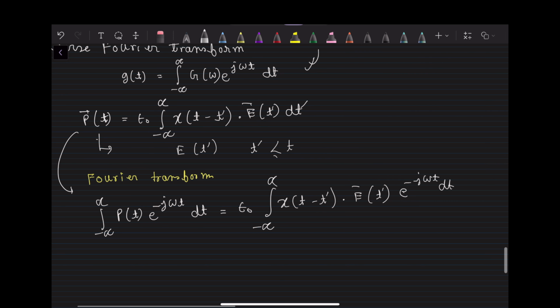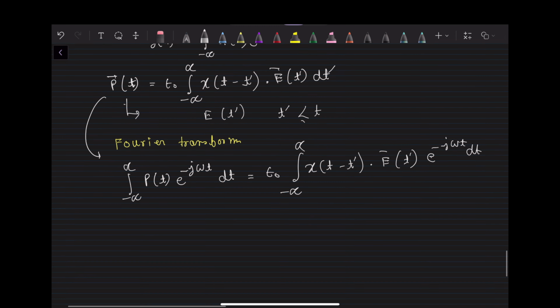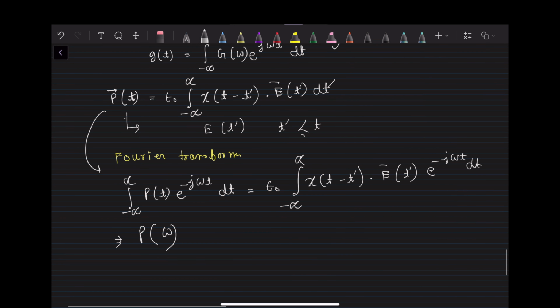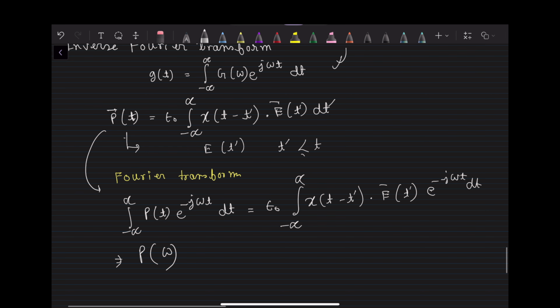So this is actually very common Fourier transform identity. So here we have polarization in terms of omega, but here this part is called convolution.